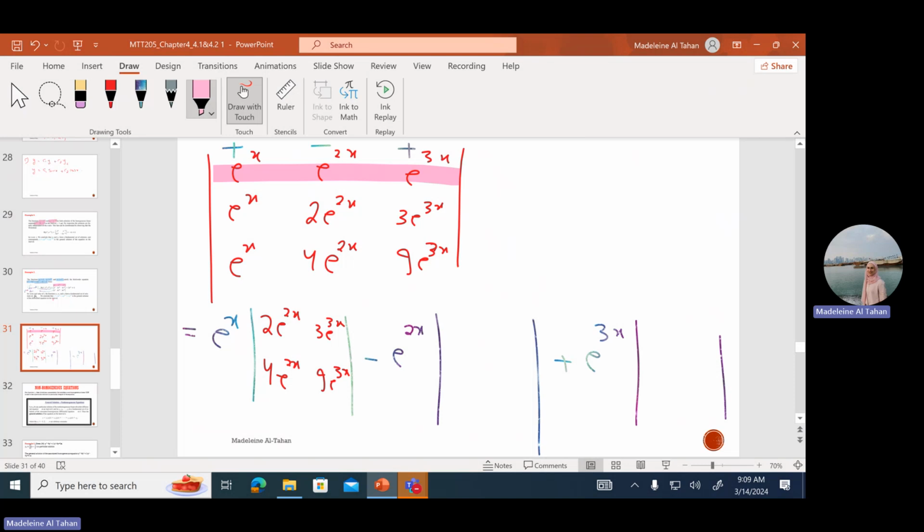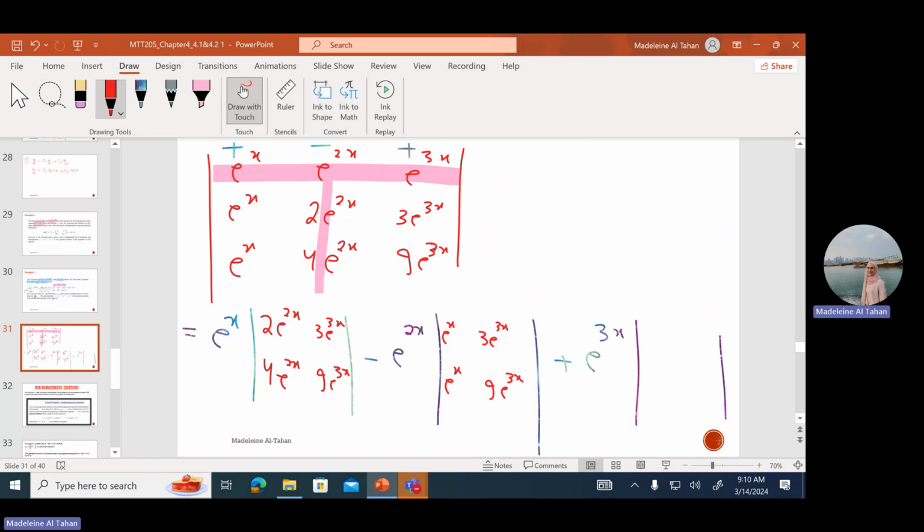Done with the first. Now for e^2x, we need to cover its column. When we cover the column of it, what are we left with? e^x here, 3e^3x, and here 9e^3x. Is it clear so far? Clear, guys?